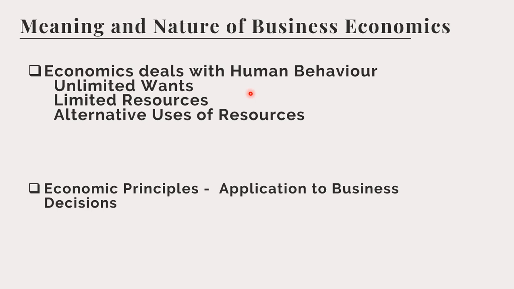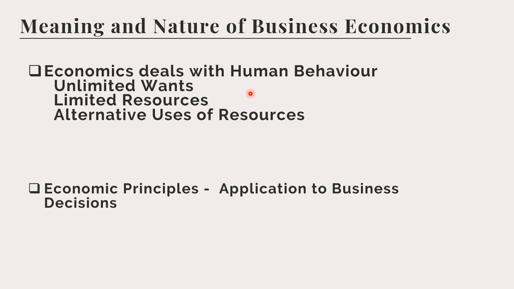Economics is the science which is related with unlimited wants, limited resources, and alternative uses of resources. Economics is the subject which deals with the behavior of a human being, how a particular individual behaves in a particular situation. That we study in the subject economics.